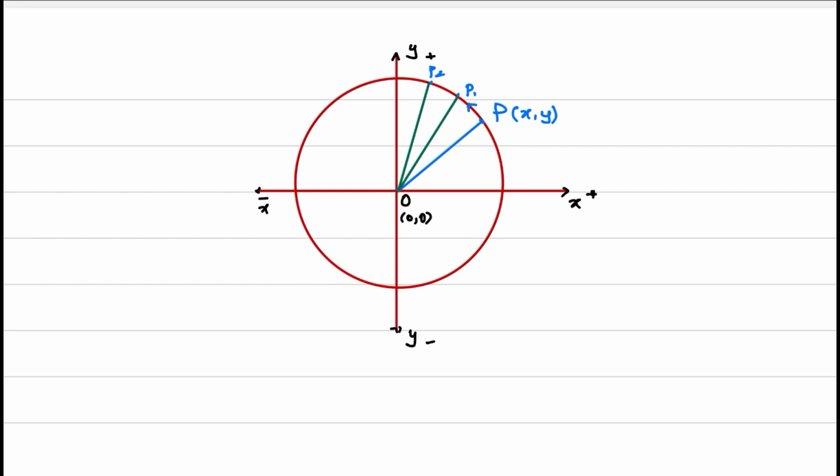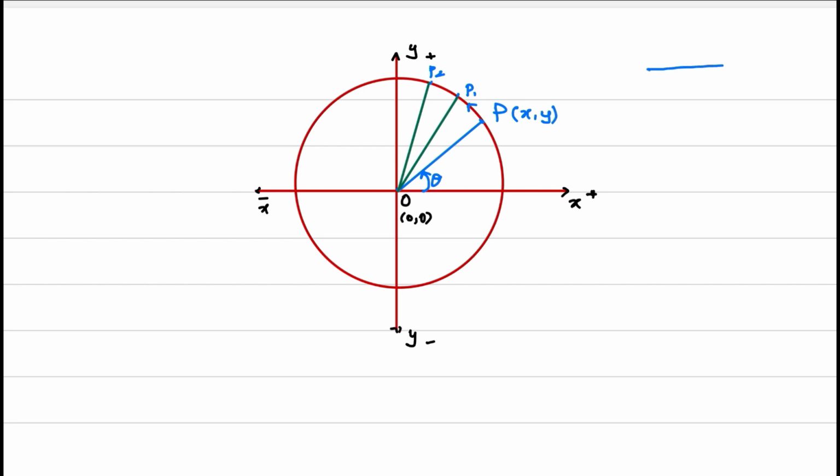As we move from point P to P1 and from point P1 to P2, there is an angle. Let us say the angle is represented by theta. There is an angle theta measured in the anti-clockwise direction from the horizontal x-axis.